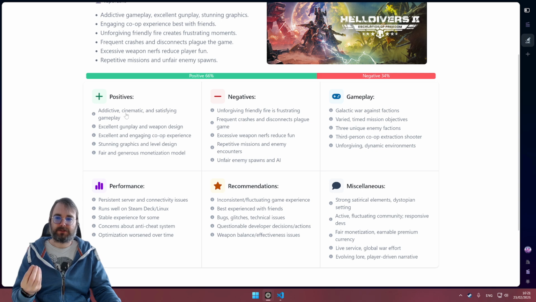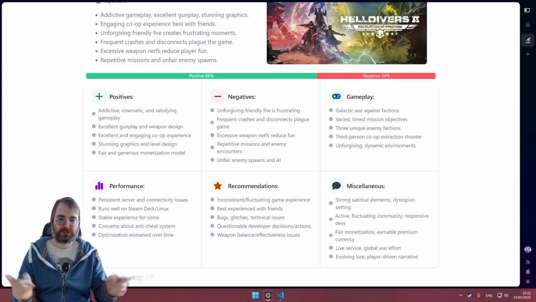So all positive statements go into positive, all negative statements go into negatives, and whatever did not go into those two categories gets sorted into the four others: gameplay, performance, recommendations, which, I don't know if it's the best name, is basically verdict statements, right? Whenever someone gives a verdict on the game that doesn't fit into positive or negative, it goes here.